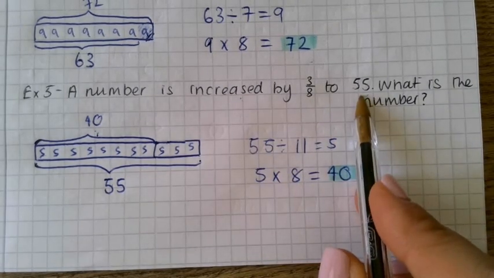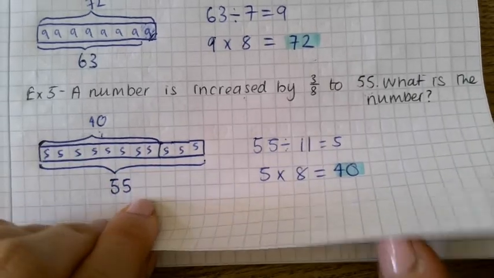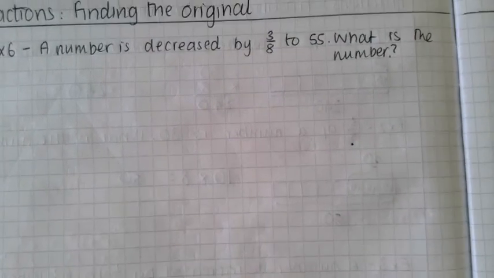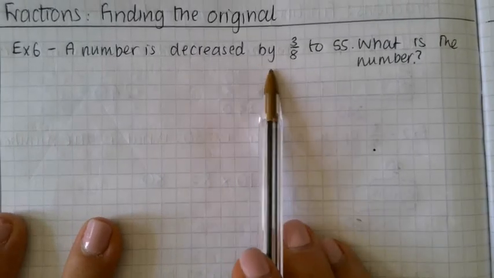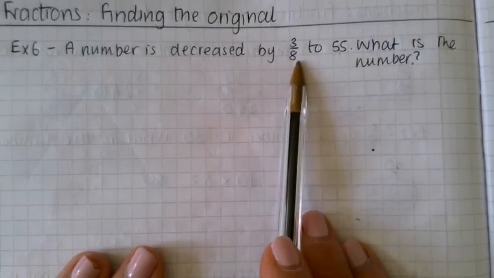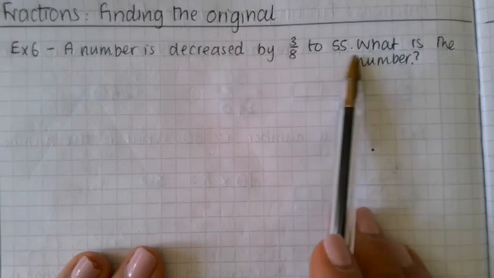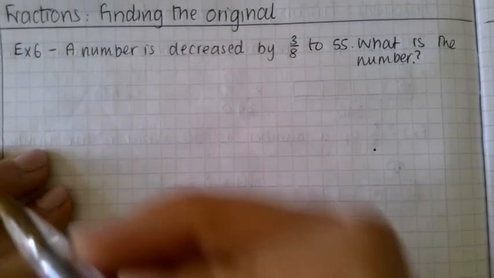That does make sense. Example 6. Our last example. We've got a number is decreased by 3/8 to get 55. What is the number? So we are dealing with eighths again.